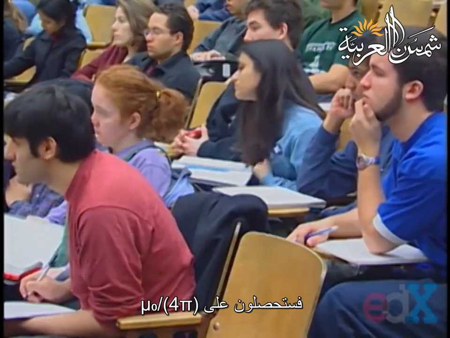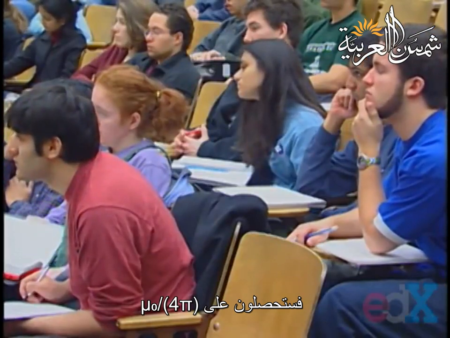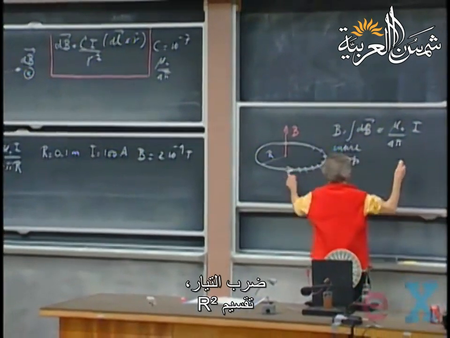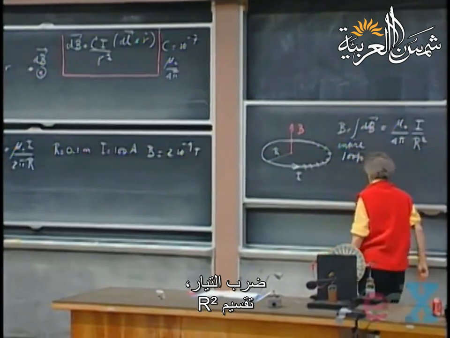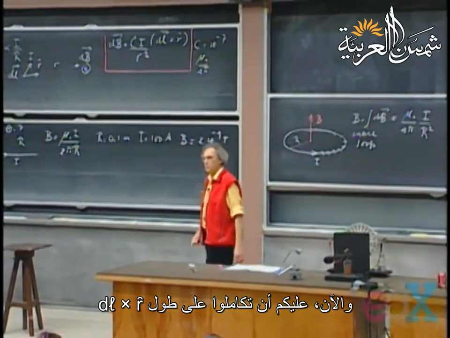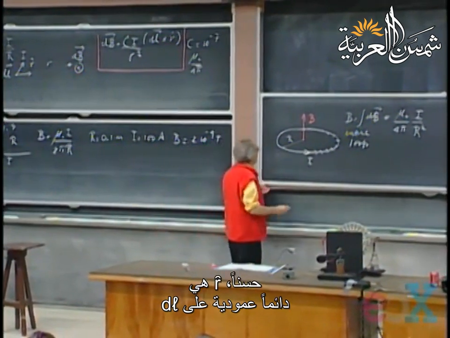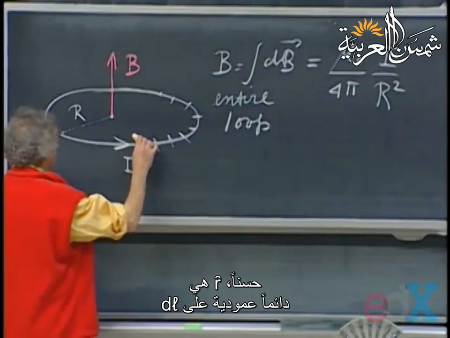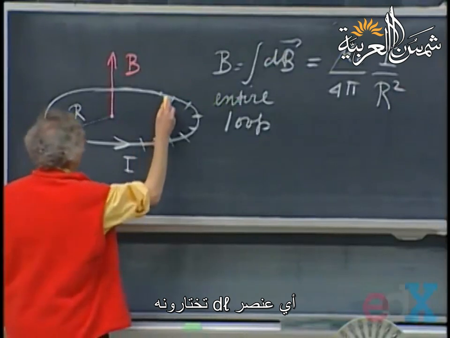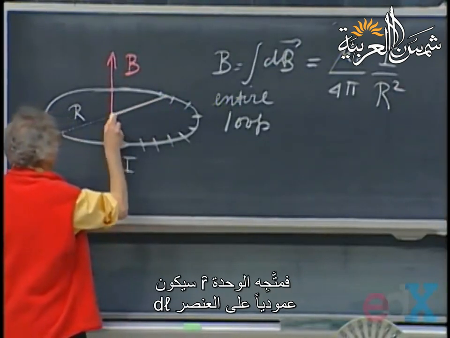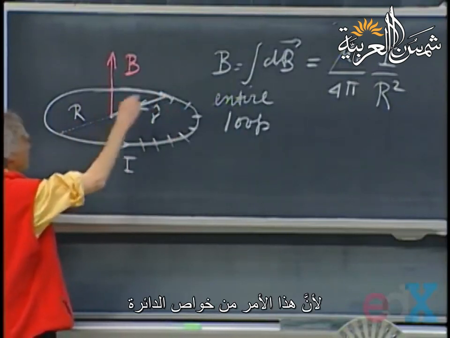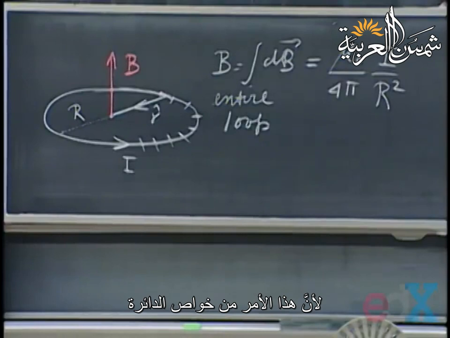So you would get your mu 0 divided by 4 pi, you get your current, and you get your 1 over r squared, and now you have to do an integral over that dl cross r. Well, r is of course always perpendicular to dl. Any element dl that you choose, the unit vector r is exactly perpendicular to the element dl, because that's the characteristic of a circle.